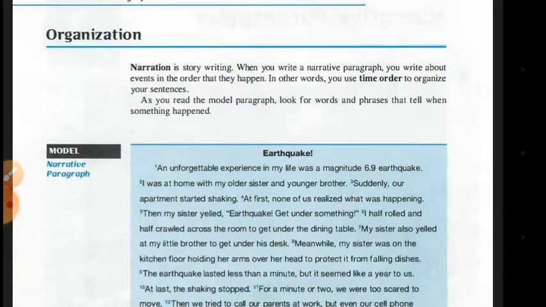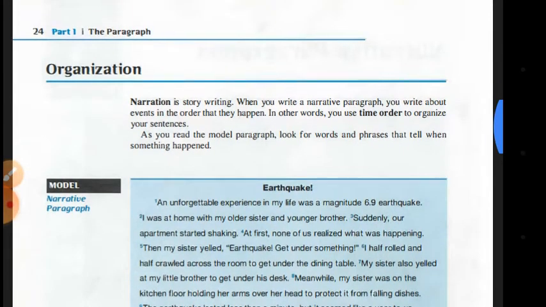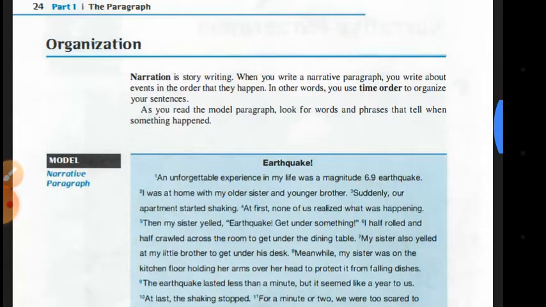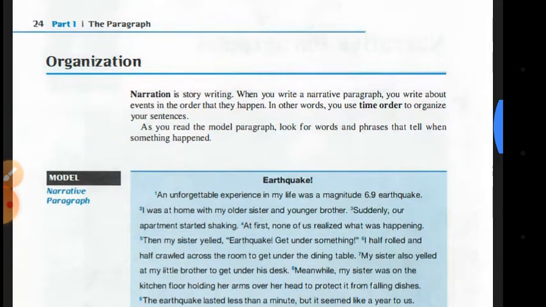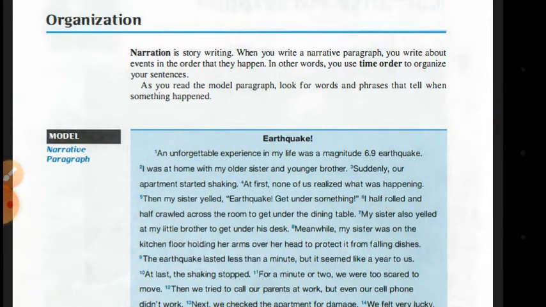Therefore, your events should be ordered according to the time they happened. It is called time order. In other words, use time order to organize your sentences.